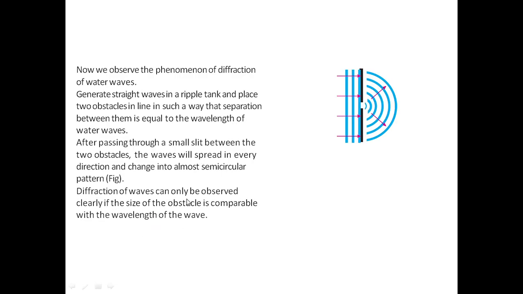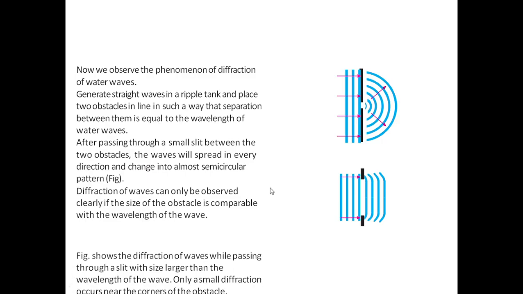Diffraction of a wave can only be observed clearly if the size of the object is comparable with the wavelength of the wave. That means if this region is very large, and the wave is coming and the passage is very large, then the wave won't bend or spread like this.